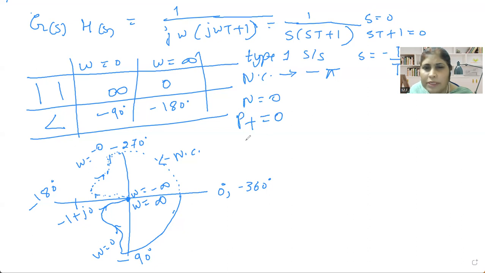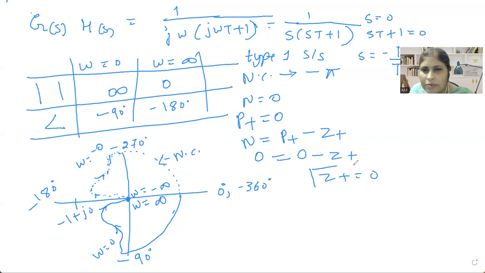Now we know the principle of argument: N equals P minus Z plus. Putting the value of N, this is 0 equals P, which is 0, minus Z plus. So the value of Z plus is equal to 0. That is, the number of zeros on the right hand side of the plane is equal to 0.